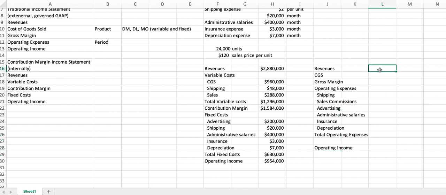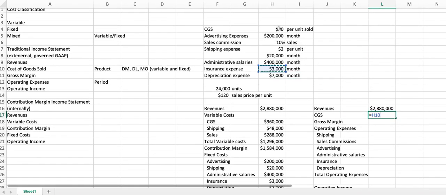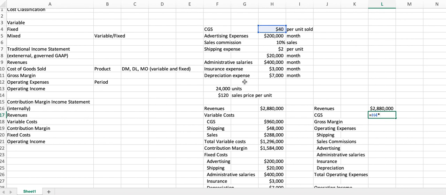Now in this example, they're going to be the same. My revenues are still 120 times the number of units I sold. My cost of goods sold is $40 per unit times the number of units I sold. And my gross margin then is my revenues minus my cost of goods sold. And then I would have all of my shipping.